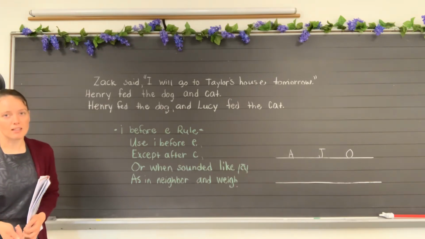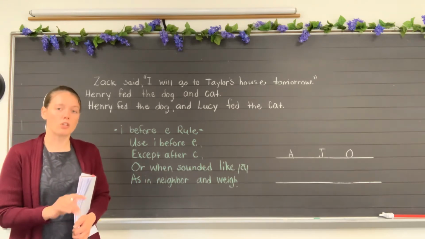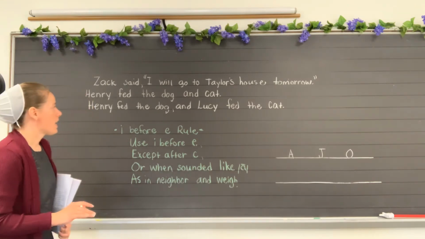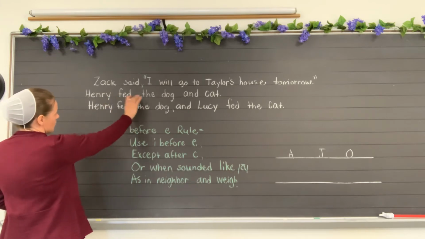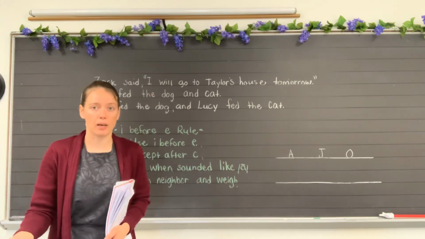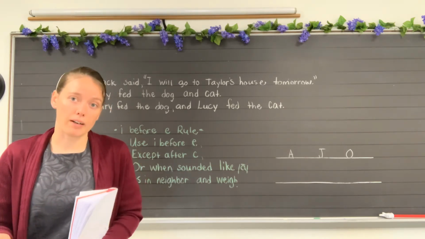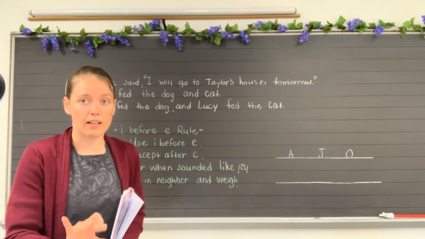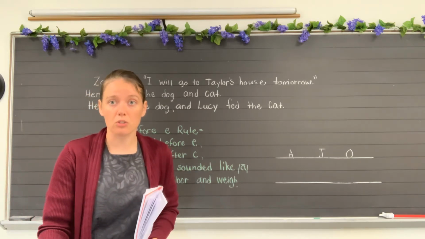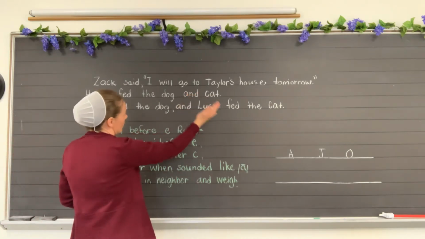So which one do you think is a compound sentence? Remember, compound sentences are two sentences joined together into one. This sentence has the word and in it, so we can't really look for little words like and, but, and or, because yes, those words are in compound sentences. They're two sentences joined together with those words, but we can't just look for those words because this sentence also has that word in it.